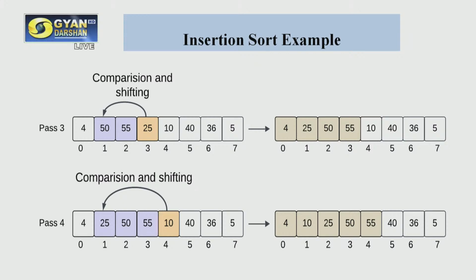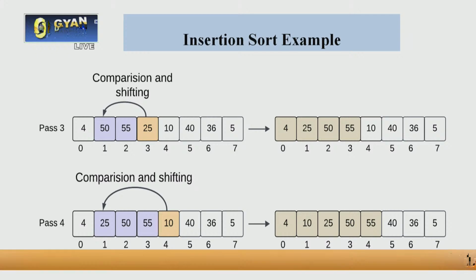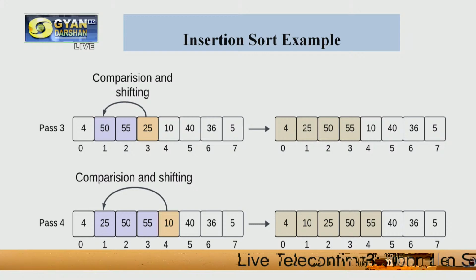Similarly, in the next pass we take the next element from the unsorted list, and that is 10. So again we compare 10 first with 55, it is smaller, so we continue the comparison with the previous element, that is 50. Again 10 is smaller than 50, so we compare 10 with 25, it is smaller than 25, so we continue this comparison with 4.